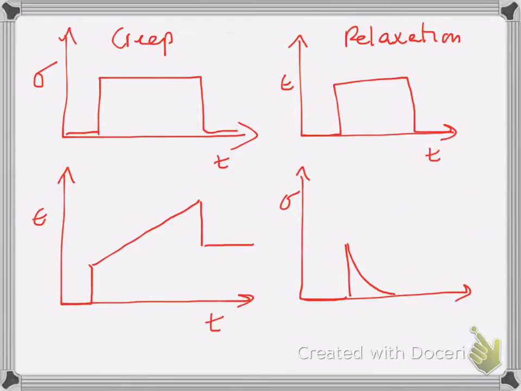If we run these same experiments and look at them graphically here, we can see again the creep and the relaxation for the Maxwell model. So in the creep experiment, we're applying a set amount of stress and then taking it off. Here, when we apply the stress, the spring will respond instantly, and then the viscous material responds with that linearly increasing strain because of the strain rate.